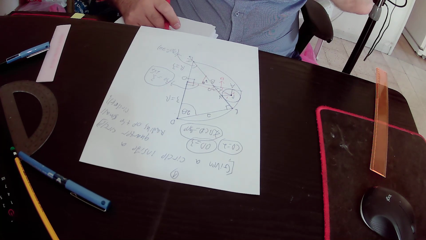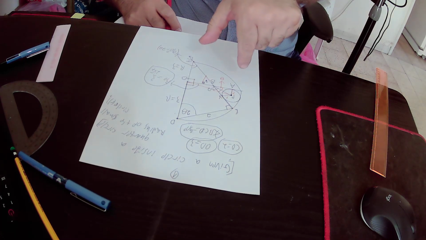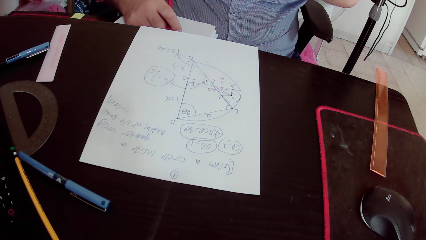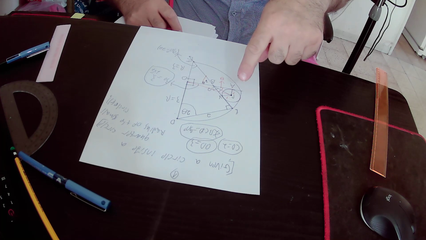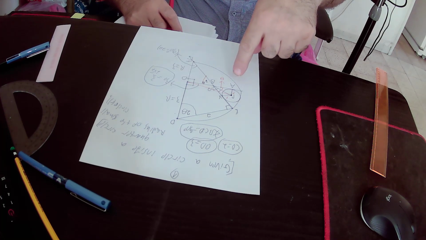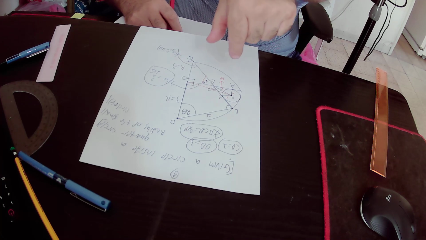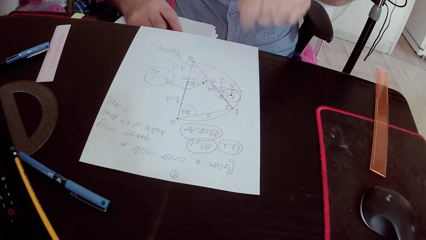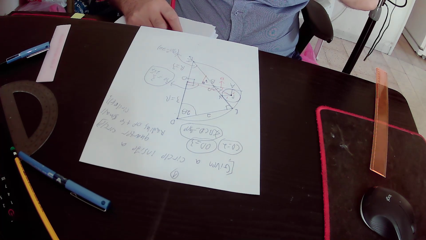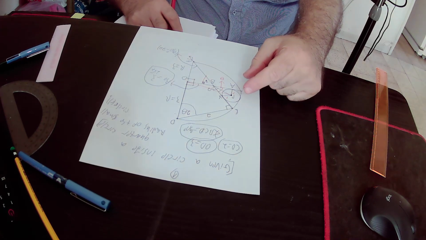And we know that OA is tangent to the small circle at point A, and PA is the radius of the small circle.